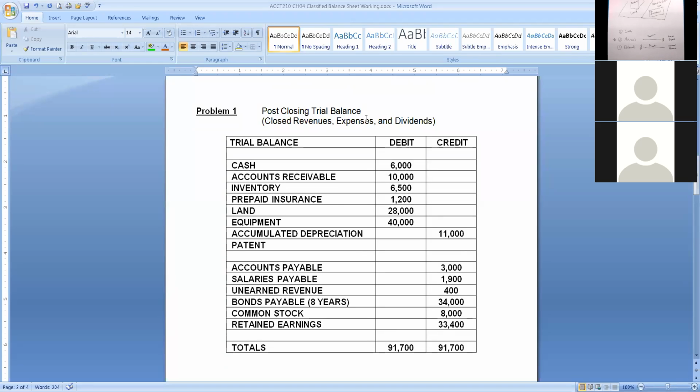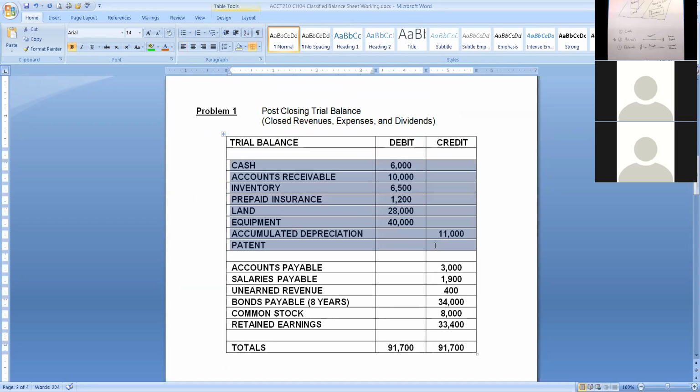So there's no revenues, expenses, or dividends on here, and this is what you close out at the end of the year. You close those out, and then you can start anew.